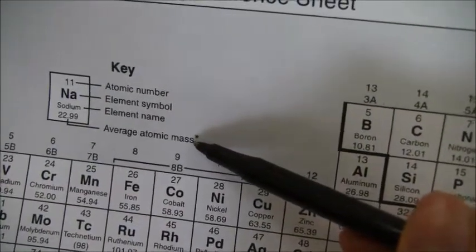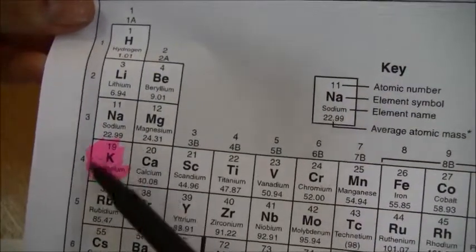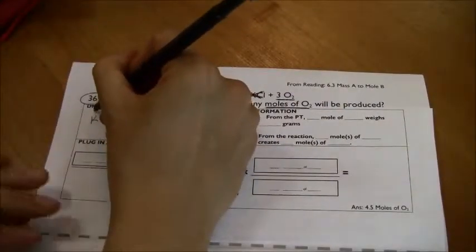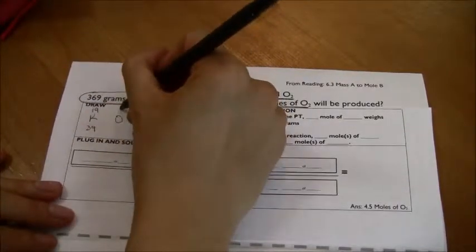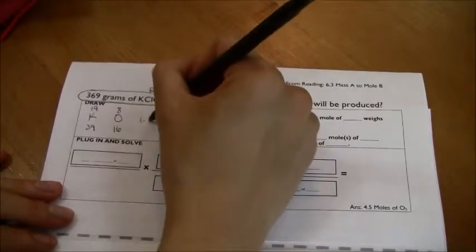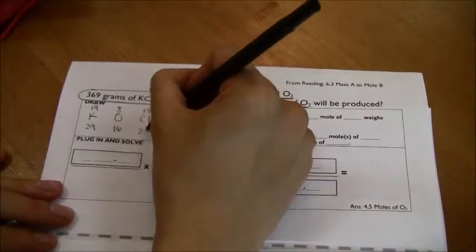The bottom number tells you the average atomic mass. So we're going to copy everything in these boxes in the drawing section. So we have potassium 19, 39, oxygen atomic number 8, mass of 16, chlorine atomic number 17, and mass of 35.